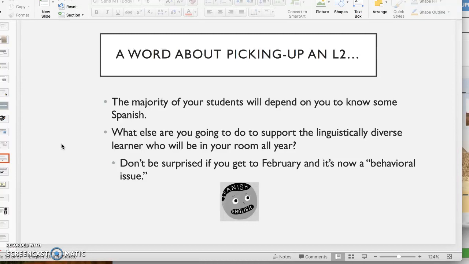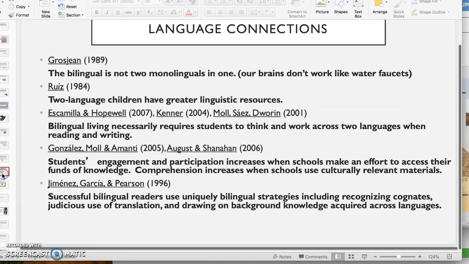You're either going to spin your wheels looking for 1,000 ways to remediate behavior, or you can simply try picking up another language. You don't have to ever become fluent, but you can just learn the language that you need for that day and for that lesson or for that grade level. It's kind of like a chef knowing how to speak Spanish in the restaurant.